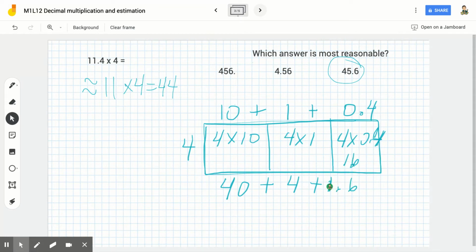Add them up. 40 plus 4 is 44 plus 1.6 is 45.6.